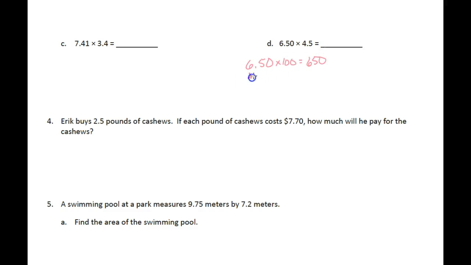We know that if I have 4 and 5 tenths and I multiply it by 10, I'm going to end up with 45. And now I can multiply those. 5 times 0, 5 times 5 is 25. I need to carry the 2. And then 6 times 5 is 30, plus 2 is 32.